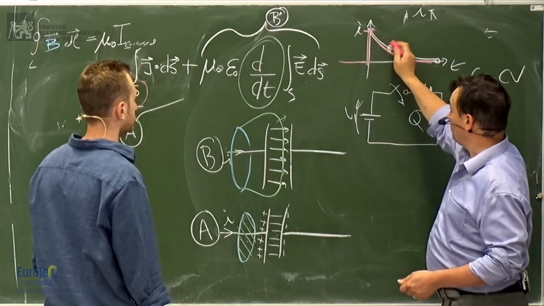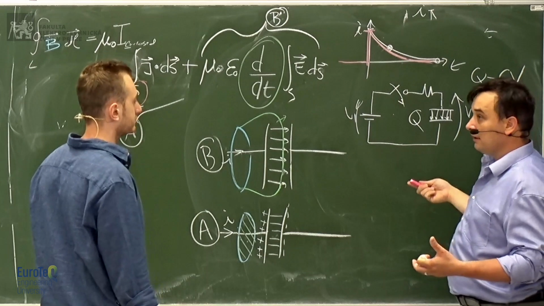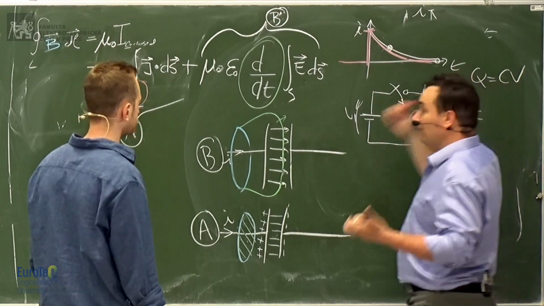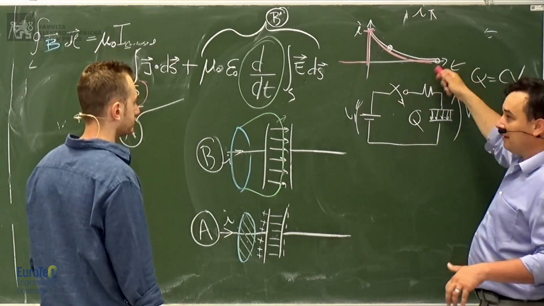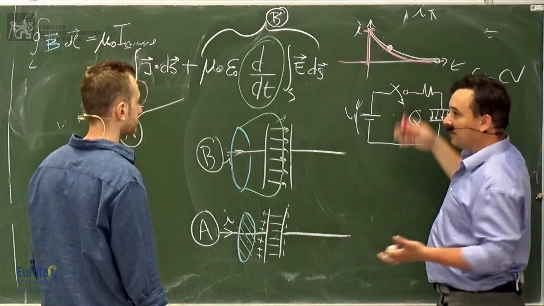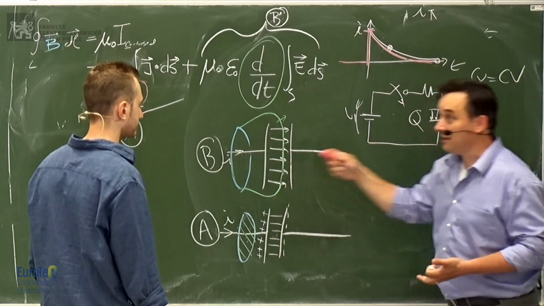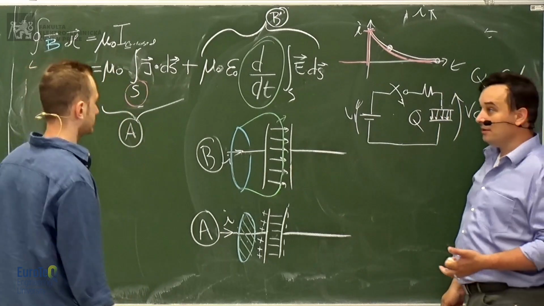In all this portion of time, the current is non-zero, it is flowing, even if it then goes down to 0. But there is current, and if there is current, there is a magnetic field. So it doesn't matter if after infinite time it goes back to 0. Still there is current, there is a magnetic field.